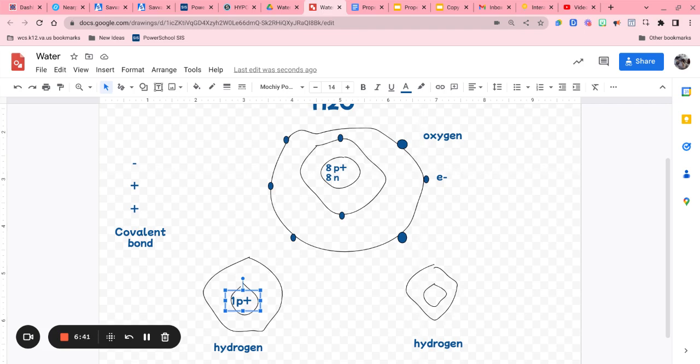Because the neutrons are 0.00794, or 0.008 if you round up, nobody really puts them in the nucleus, so we'll just leave them out as well. So if it has 1 proton, it has 1 electron.